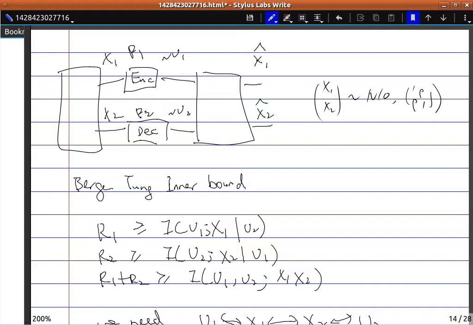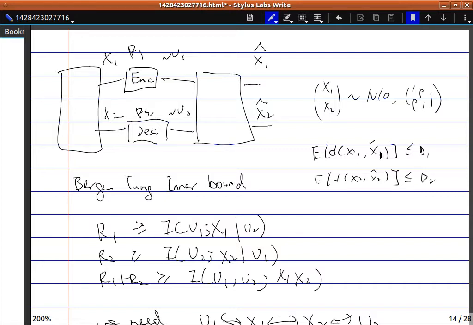So we have to recover X1 and X2, with corresponding X1 hat and X2 hat, and we have a target distortion. Basically, we hope that the expected distortion for X1 is less than or equal to D1, and the expected distortion for X2 is less than or equal to D2.